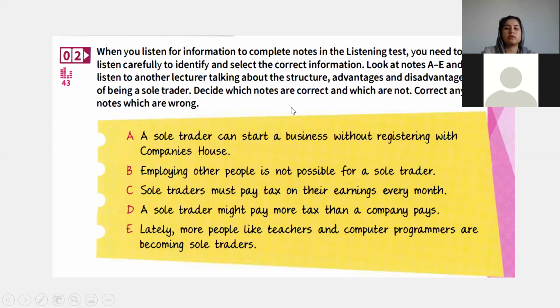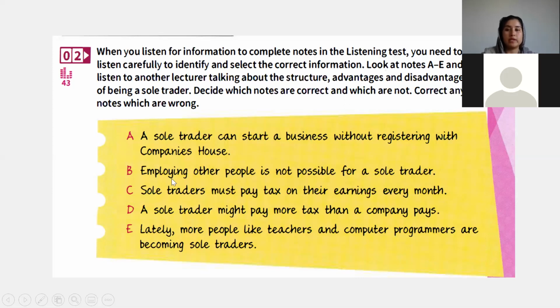Decide which notes are correct and which are not. Correct any notes which are wrong. So this information A to E is about advantages and disadvantages of being a sole trader. So you listen to this listening and decide which ones are correct.